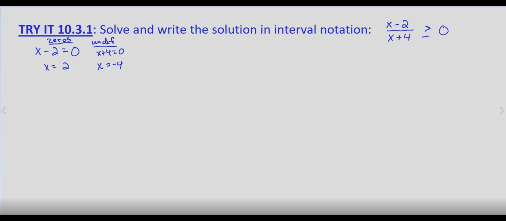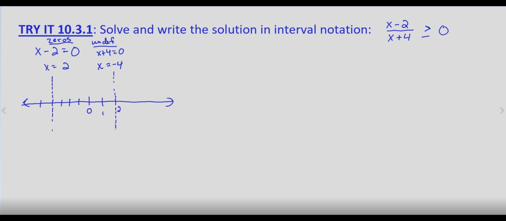We use those critical points to divide the number line into intervals. So we have 2 and negative 4. We'll draw a little number line here, marking 0, negative 1, negative 2, negative 3, negative 4, and 1, 2.